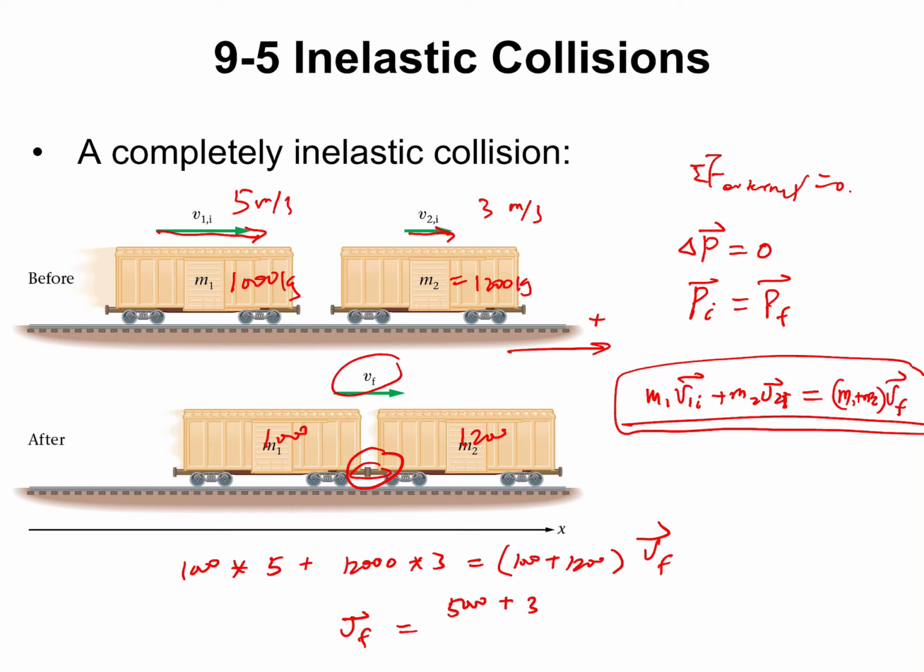So VF is 5000 plus 3600, divided by 2200. So this is 8600 divided by 2200, which is a little bit less than 4, about 3.9, or 3.8.